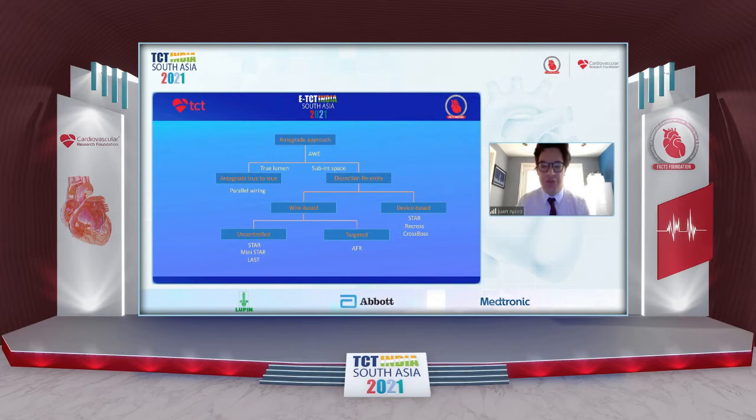As Darshan was mentioning earlier on, as the CTO becomes more complex through the J-CTO score or any sort of scoring system, we start relying more on retrograde strategies. But I feel that the antegrade approach has advanced to a point that we're able to tackle more complex CTOs without necessarily resorting to retrograde PCI.